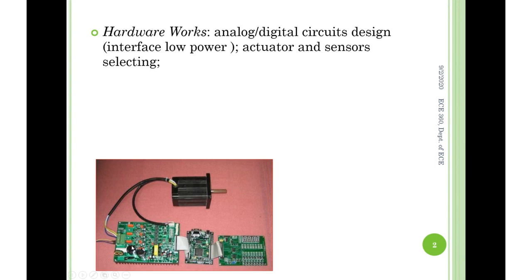Anyone have any guess? Motor controller. Motor controller. Any other guess? Wally's answer is motor controller. It's close, but I'm expecting a better answer. Anyone? Feel free.